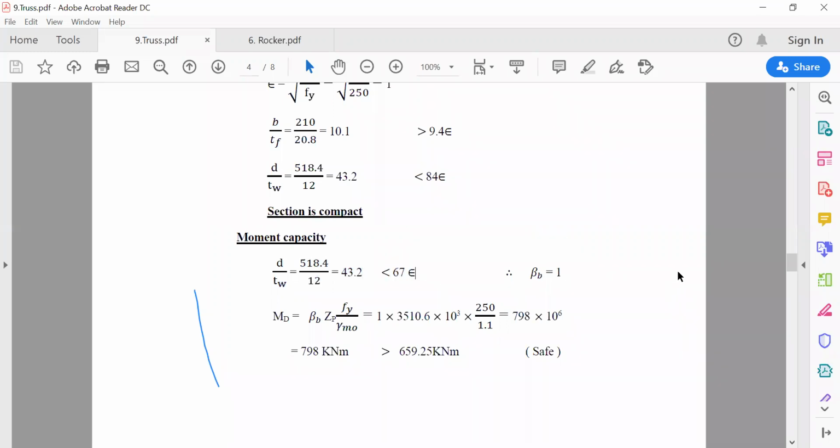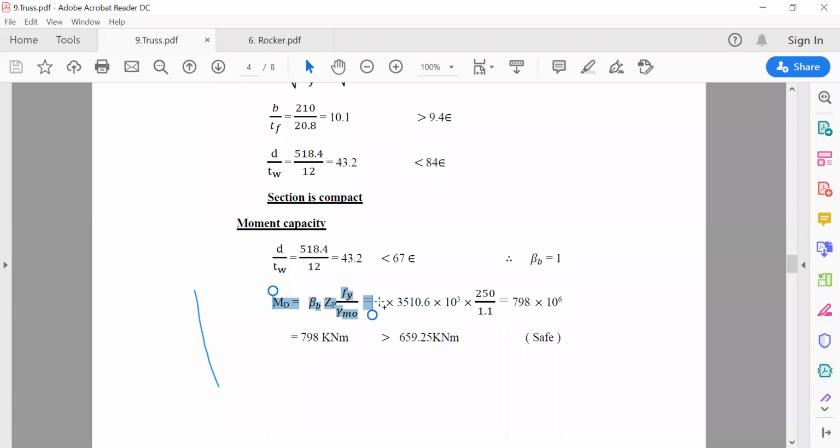This formula is there in IS 800. That's why I have told you that you have to bring IS 800 to your examination hall also. Otherwise, sorry, there will be no examination hall. You have to keep it handy and know where this clause is.